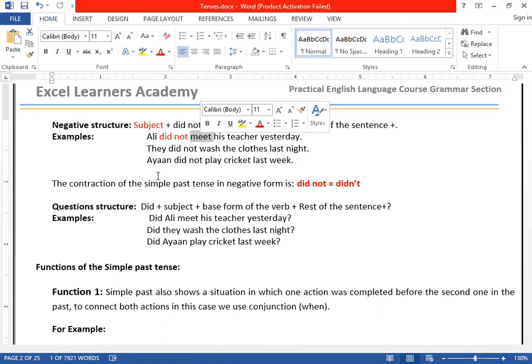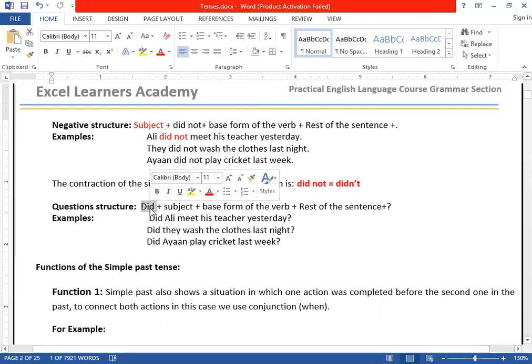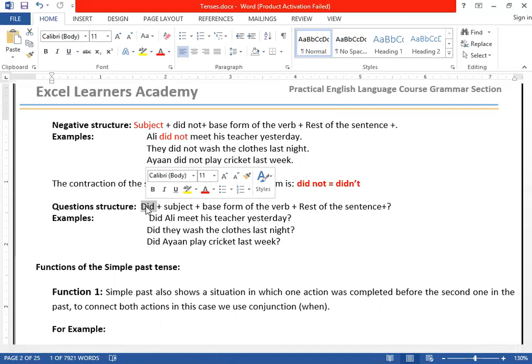And the question, you will always ask with did. How can we ask a question? Did you? After did, we use subject and the base form of the verb. Again, did comes here. So whenever it is negative or a question, like interrogative, we use the base form of the verb with did. So remember the first auxiliary that you should understand in simple past tense is did.